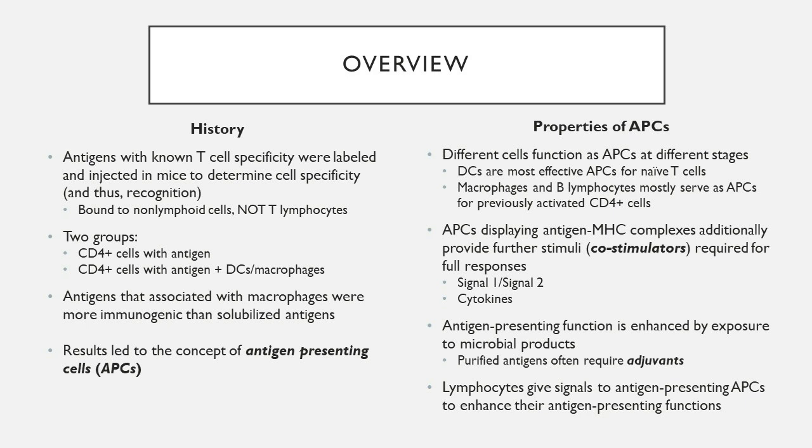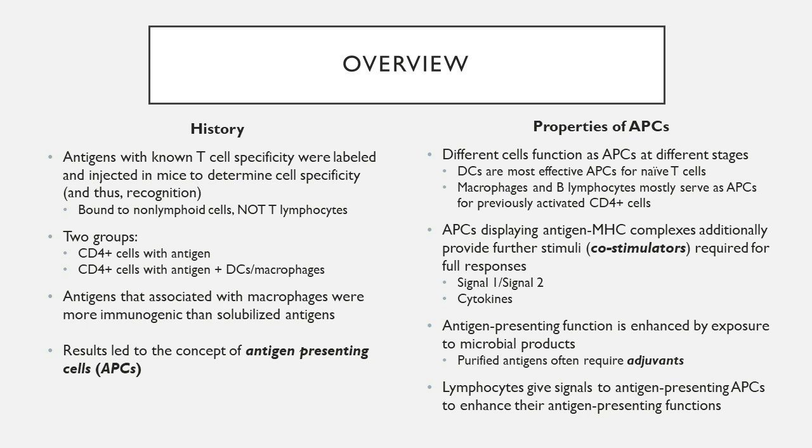And part of the activation and continual activation of T cells is that APCs need co-stimulators along with their antigen MHC complexes to help T cells along. So we learned previously this is part of the signal 1, signal 2. Now those signal 2 systems are usually membrane-bound mechanisms of further stimulating T cells.